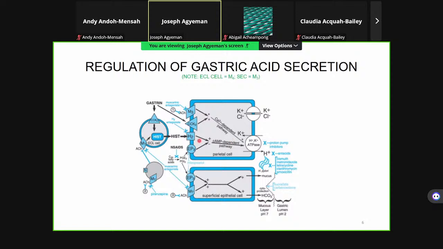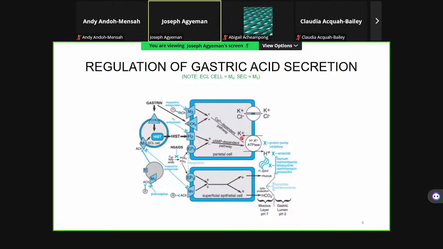So this is how the histaminergic pathway also contributes to acid secretion. It helps to transport the ATPase from the cytoplasm into the cell membrane, after which hydrogen can now be pumped out, and then potassium comes in.